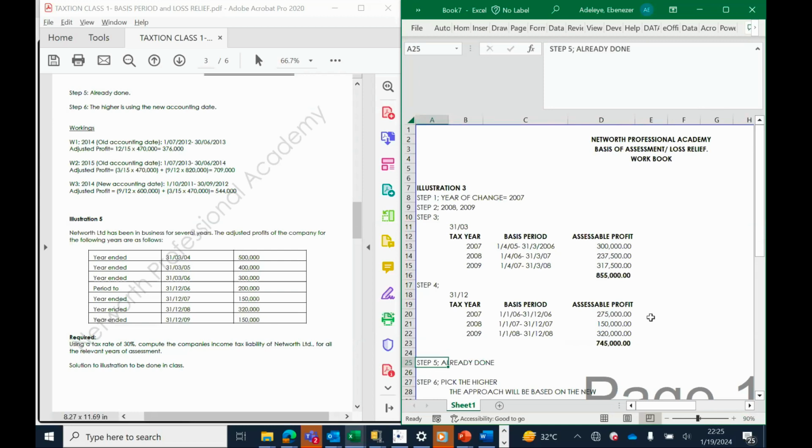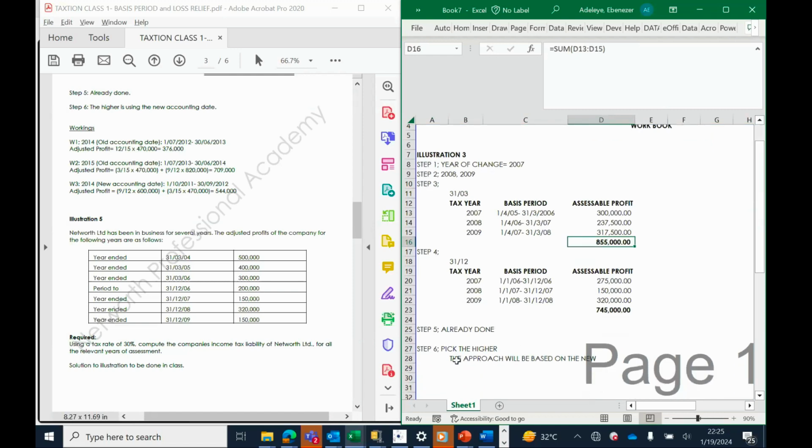So in this case, we have already done step 5. In this case, which one is higher? The old accounting date. This is higher, right? So it is 855,000. So we'll now say that the approach will be based on the old accounting date. It's something that we have to do.